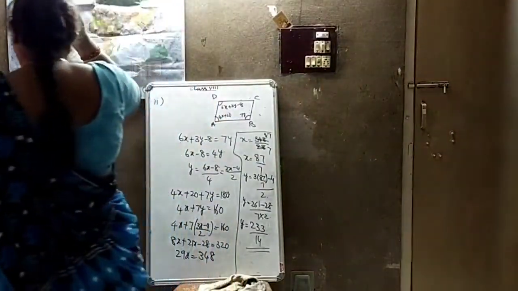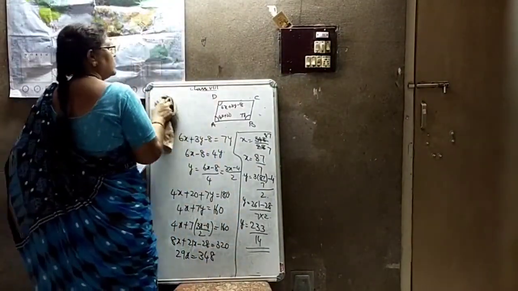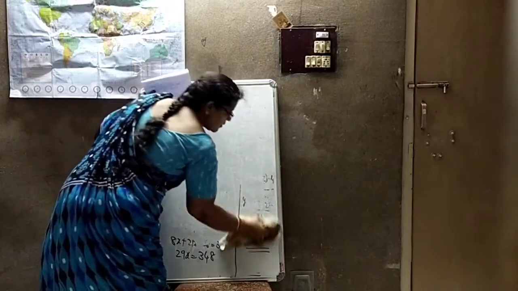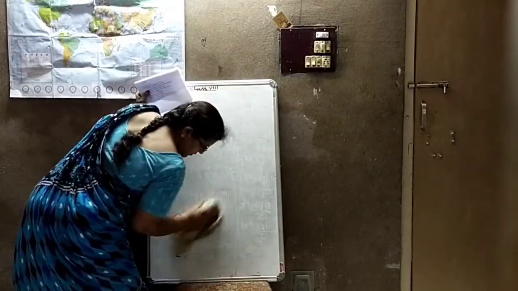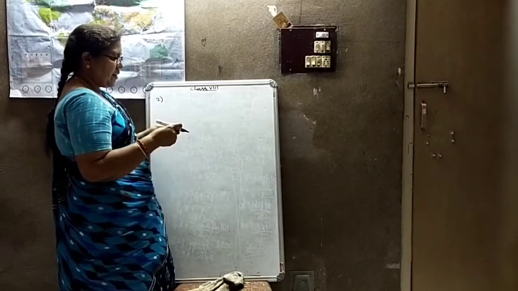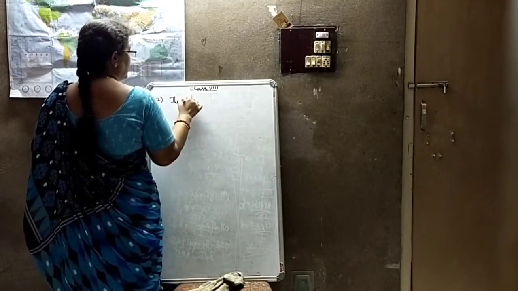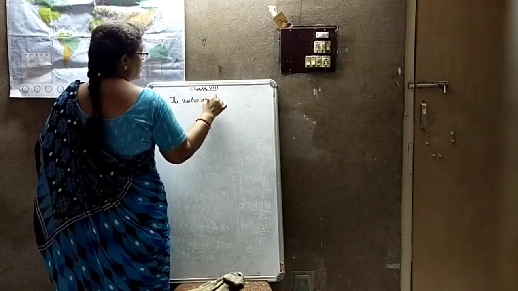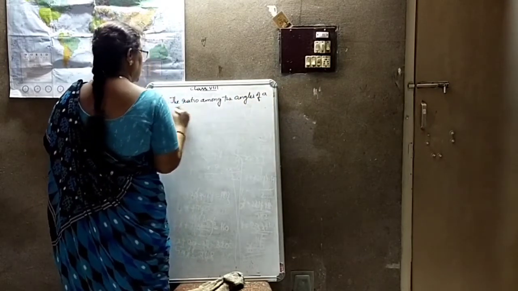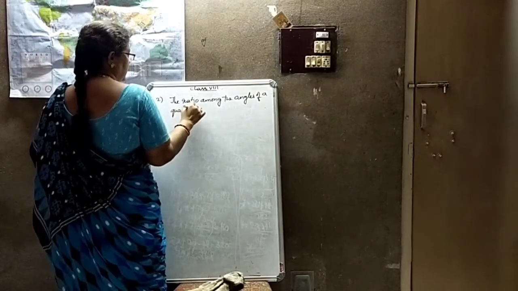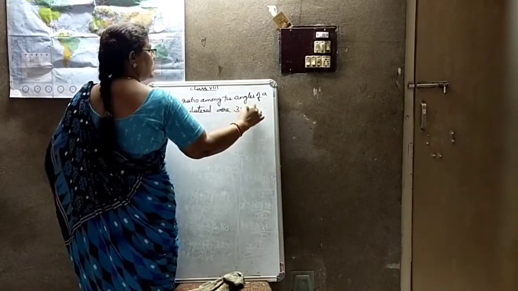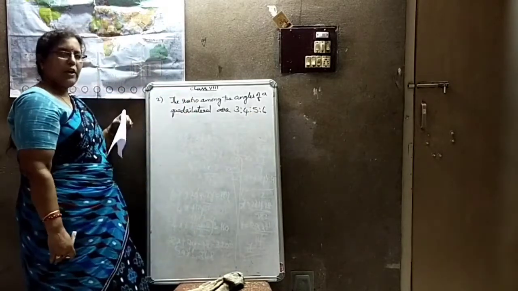The angles of a quadrilateral are in the ratio 3:4:5:6.